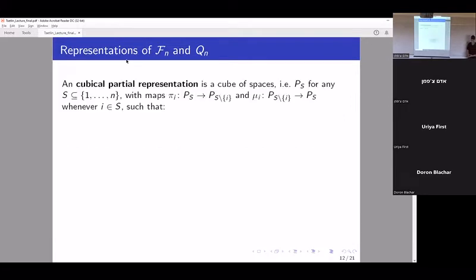Okay, so we won't get a general partial representation. What we will get is some special representation, which we call a cubical partial representation. And how can we describe this? It's a cube of spaces. We have this PS for any subset.